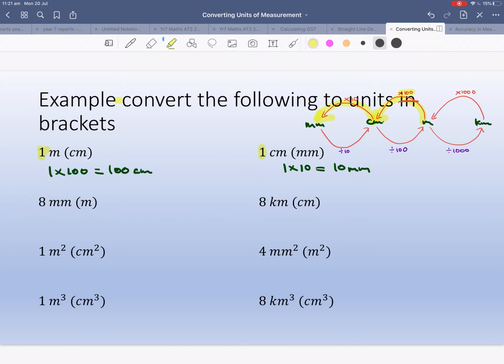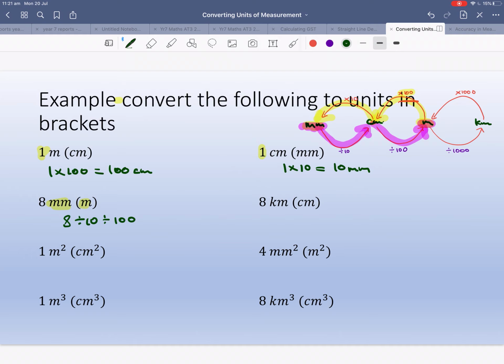Now, many of you would know that as well. Now, let's try this one. 8 millimeters to meters. So we're going to go from here to here. I'm going to use a different color. There to there. So it means we have to follow this. So we're going to go 8 divided by 10, and then we're going to get an answer, and we're going to divide by 100. Okay?